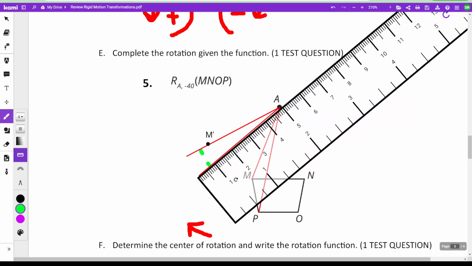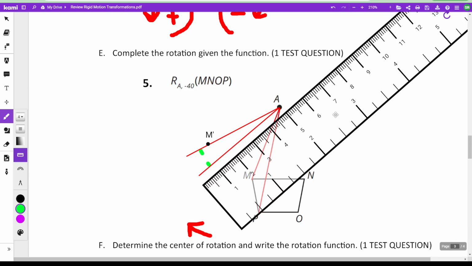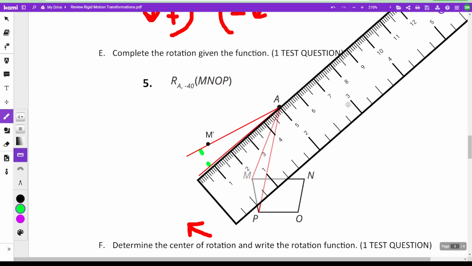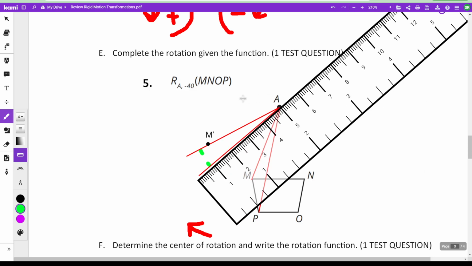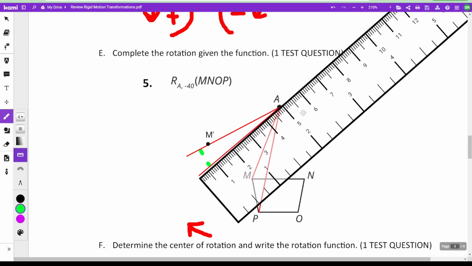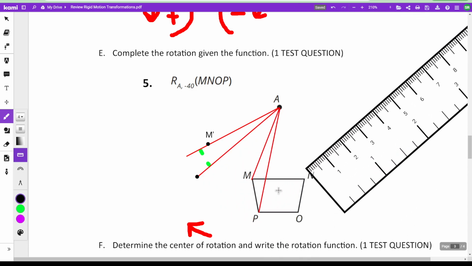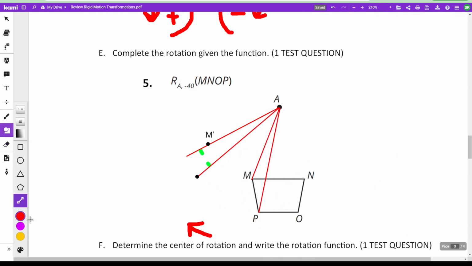It's about right there. I don't think I drew my red line far enough, but that's okay. You can kind of see where that point is anyways. So it should be right about there. Draw my line segment to O.